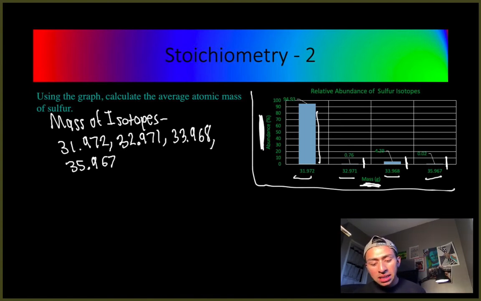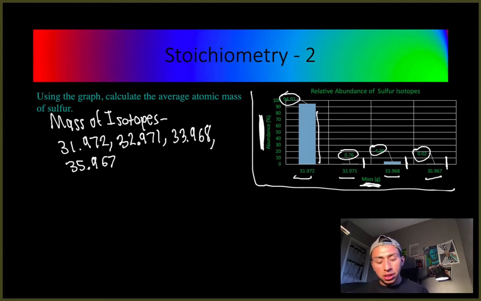Now, it's kind of difficult to see the percent abundances of these four naturally occurring isotopes, so I'm just going to write them out so that you can better see them. Some of them are in between the lines and difficult to see, but these are the percent abundances.